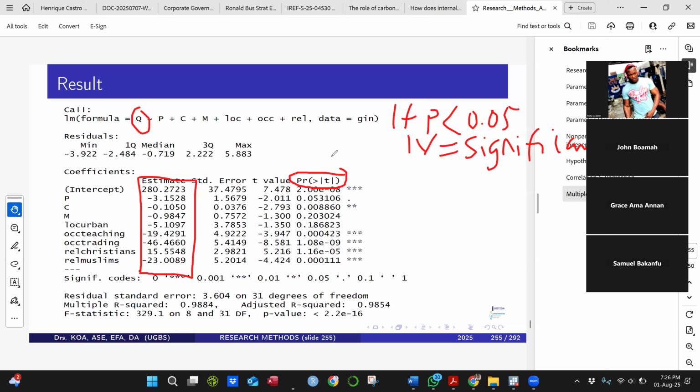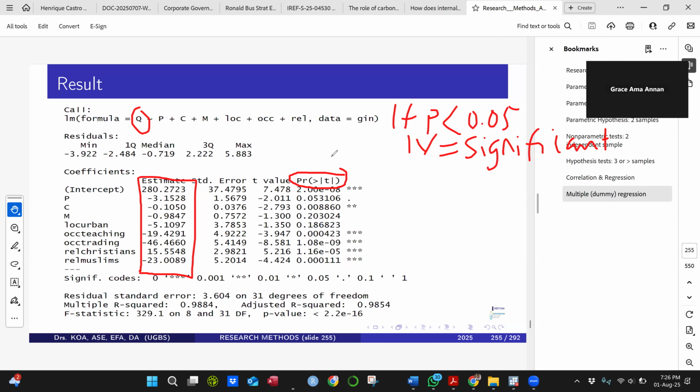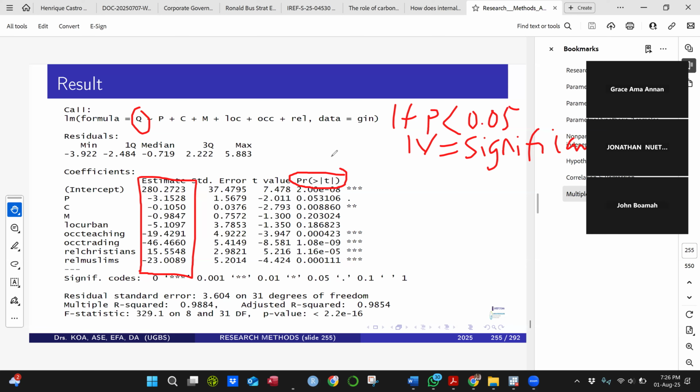So still go ahead and tell us what it will be, unless you want someone to take over. Sir, I didn't get the question. Okay, so ponder over the question whilst you're listening to others.